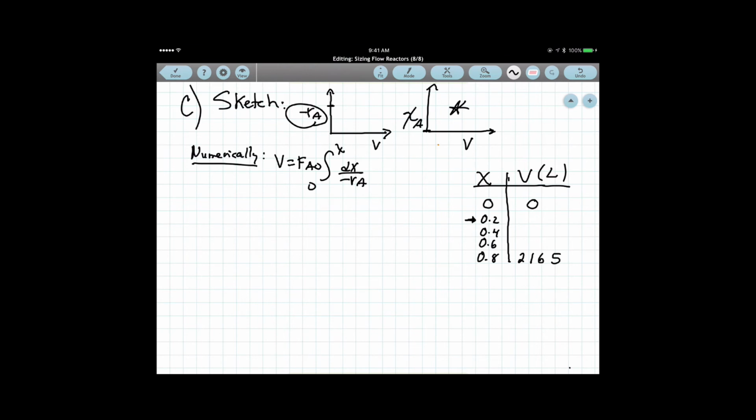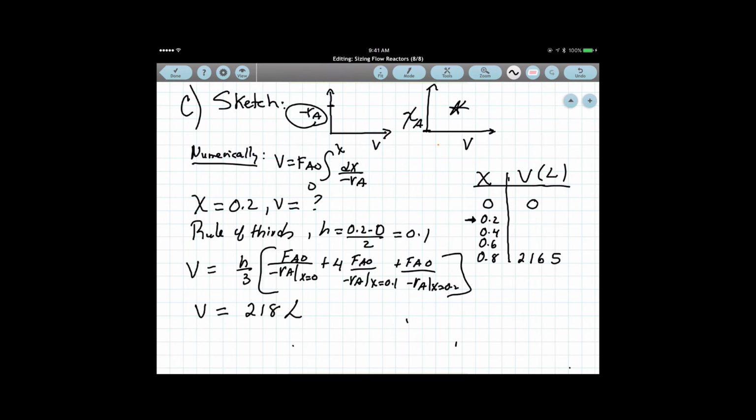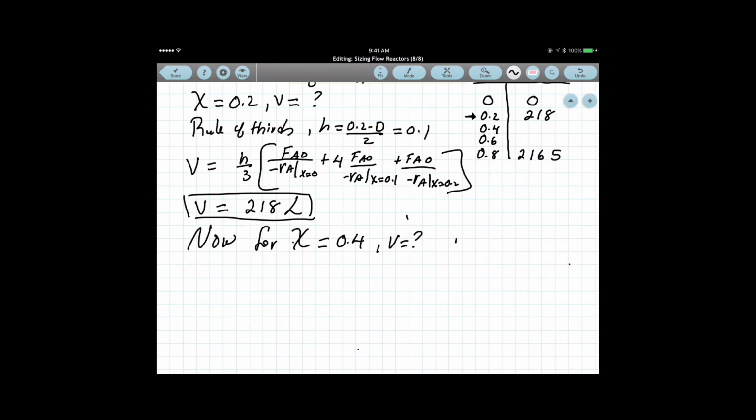And with that, the rule can be used. So I'm going to put the values here and try to solve it. Expressing the one-third rule and substituting the values, we get that the volume for this conversion equals 118 liters. Take the time to work out the math.